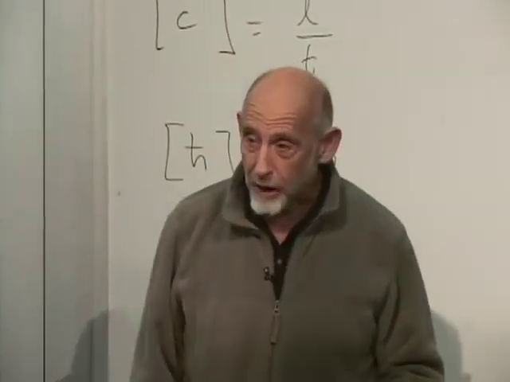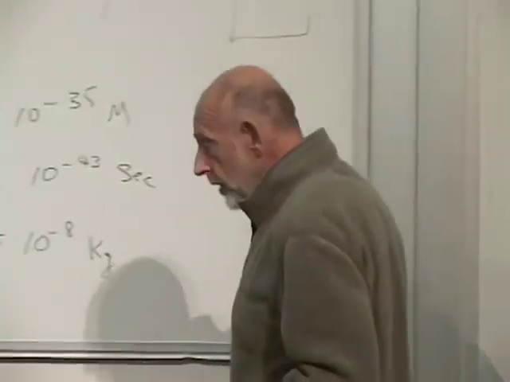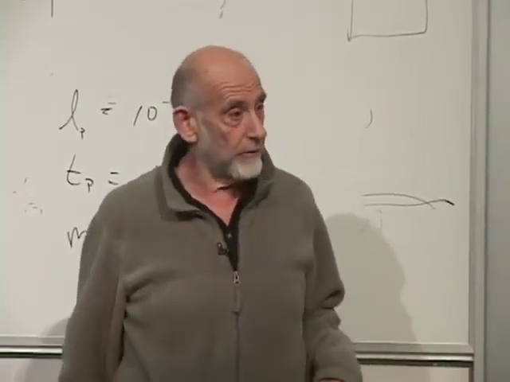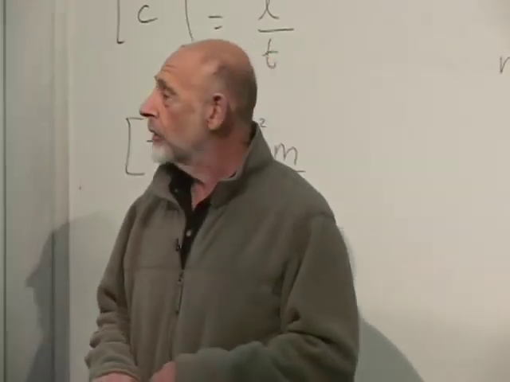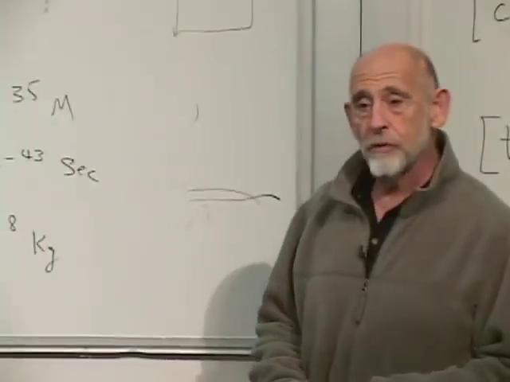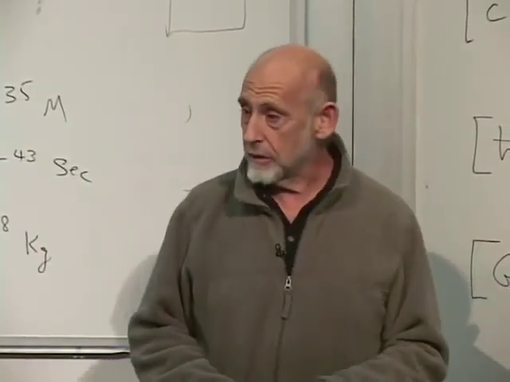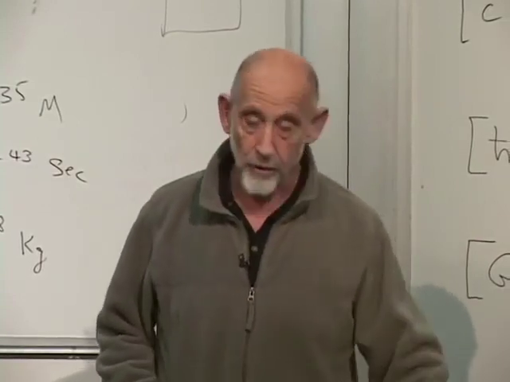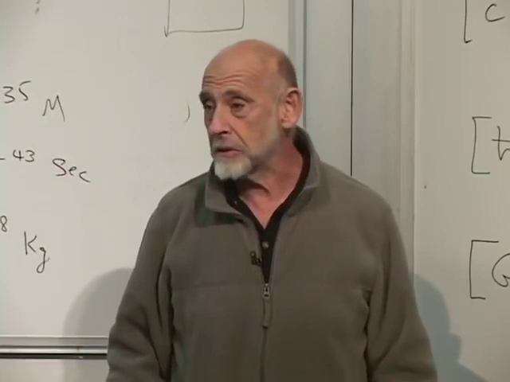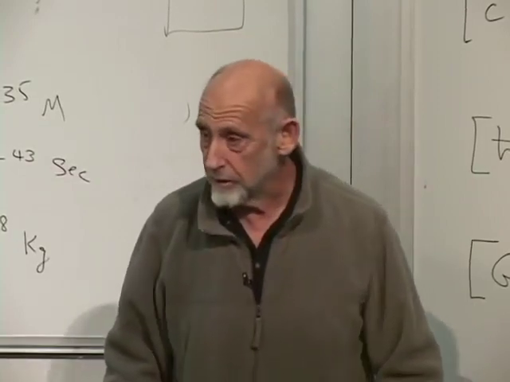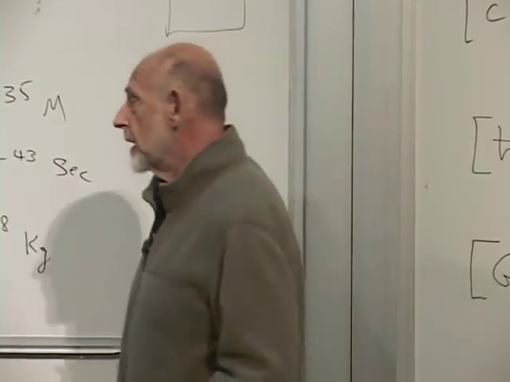Things measured in these Planck units are measured in some very fundamental units. I'll tell you some things. The known observable universe, the horizon size, is about 10 to the 60th Planck lengths. The age of the universe is also about 10 to the 60th Planck times.